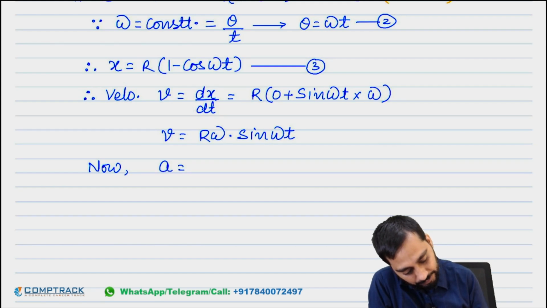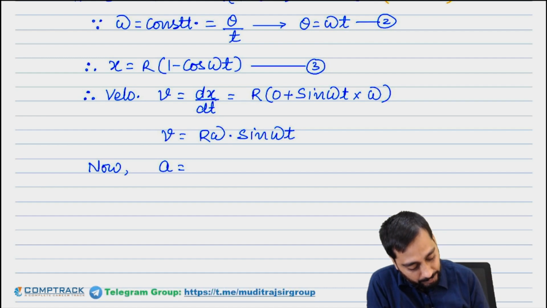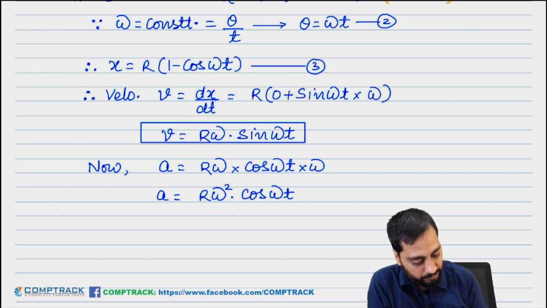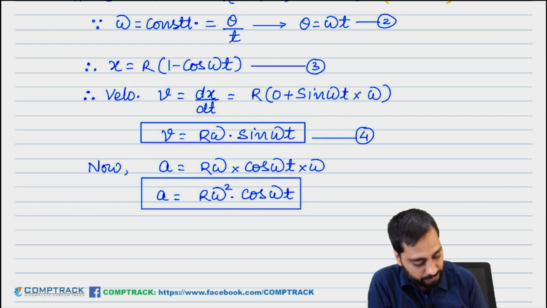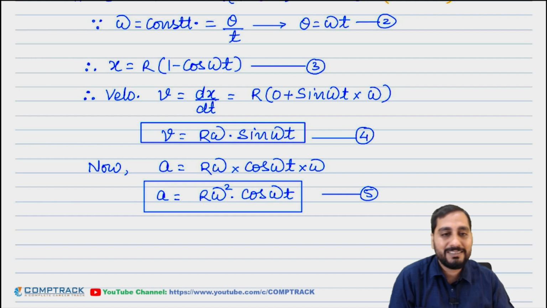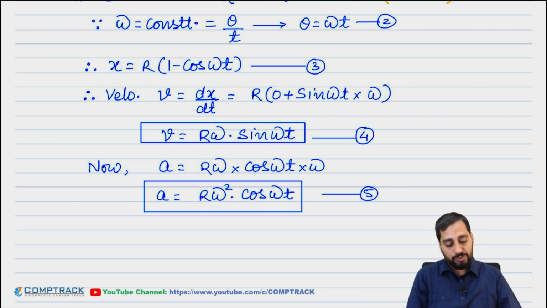Acceleration at any instant will be R omega, sin omega t will become cos omega t, and further into omega. So acceleration will become R omega square into cos omega t. So this is the equation of the velocity and this is the equation of the acceleration. So both are in terms of sine and cos. So this is certainly SHM motion.